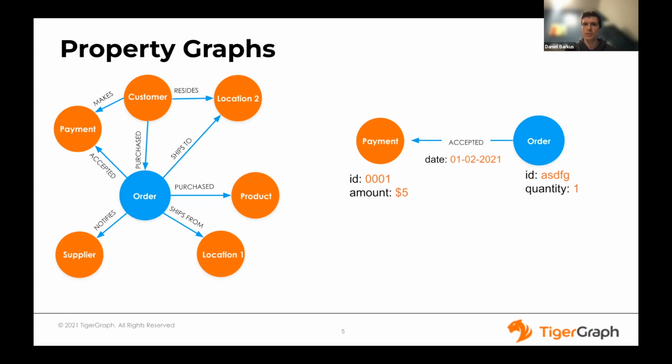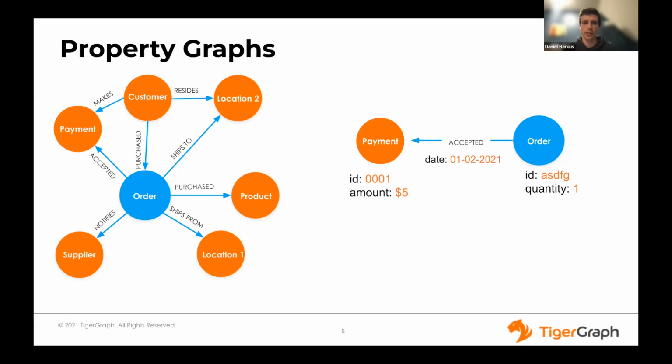So in graph, we take a look at the concepts that our data represents, and we really focus on how they relate to each other. In this example on the screen, we have a customer who places an order, and they use a payment method to pay for that order, and that order is getting shipped to a location where they exist. These would all be separate tables, more or less, in a more traditional database.